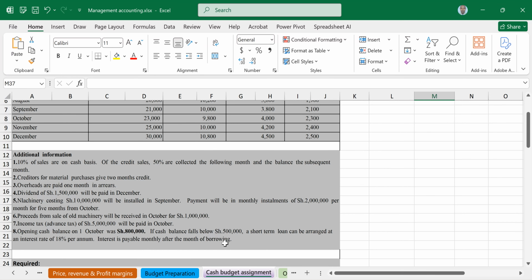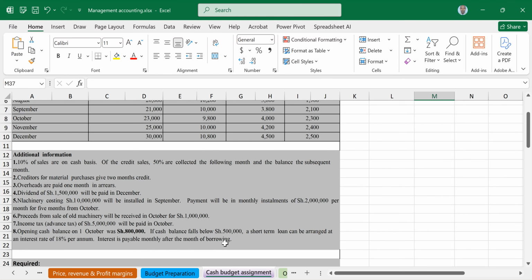So we start with the workings. The first one, working one, will be sales or receipt from customers. We can talk about the receipt from customers.